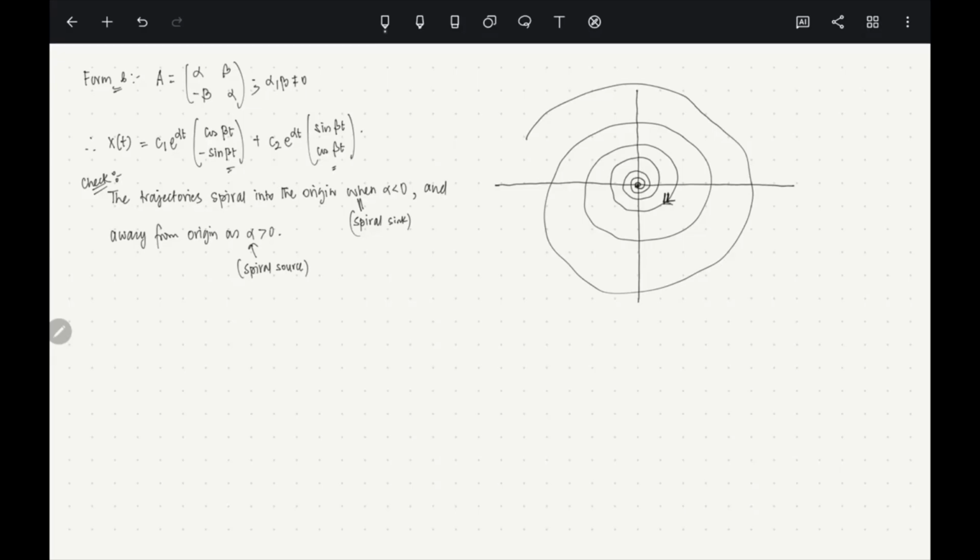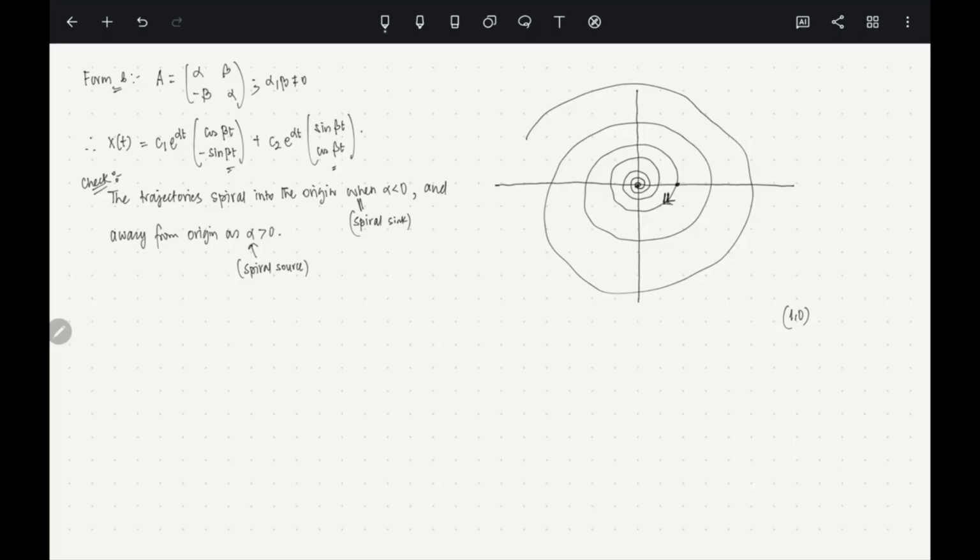Now the question is: how do you actually gather in which direction it is moving? What you do is, let's say you take a point on this plane. This depends on what alpha and beta are.